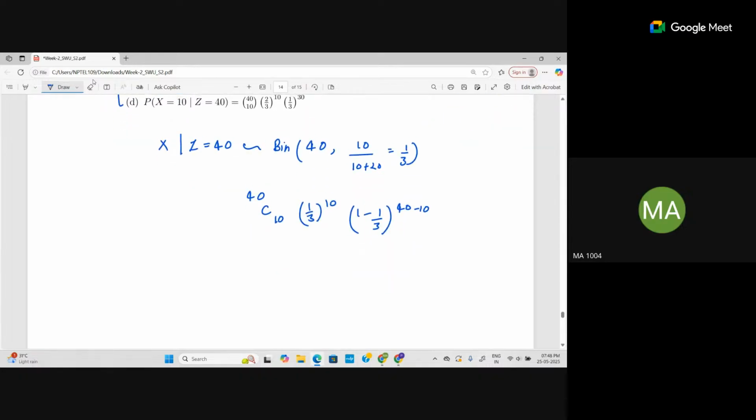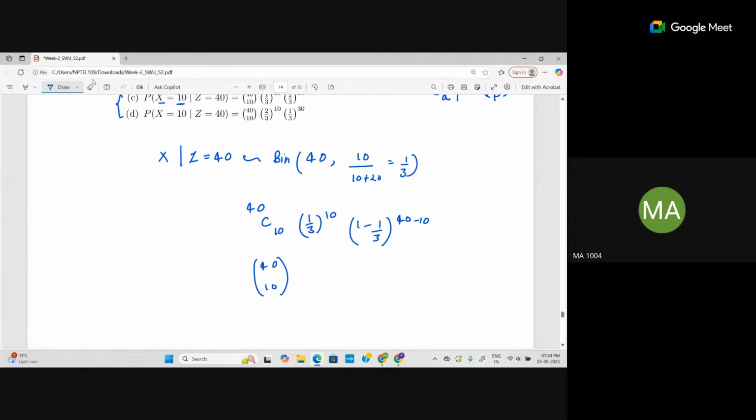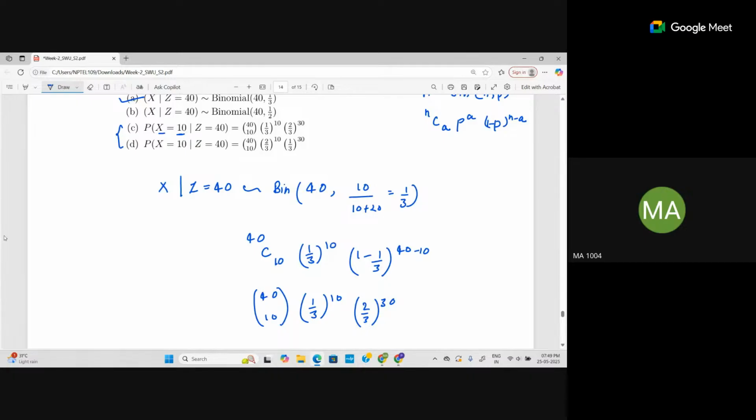You can write it like this also, the same notation for combination. So 1 by 3 to the power 10, times 2 by 3 to the power 30. So option C will be correct. Is it clear to everyone? Yes.